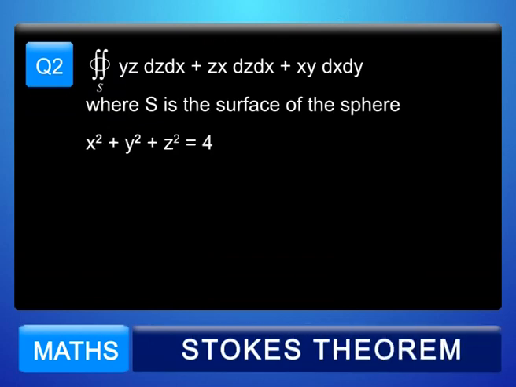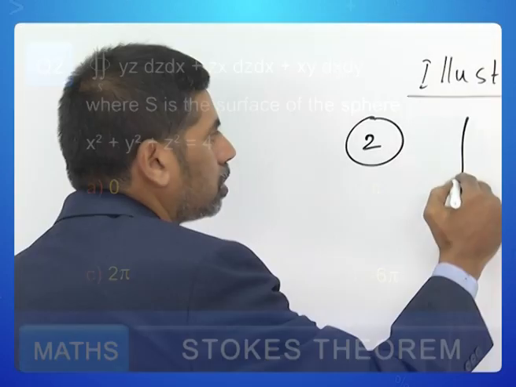Question number 2. What is the output of the closed surface integral yz dy dz plus zx dz dx plus xy dx dy, where S is the surface of the sphere x squared plus y squared plus z squared is equal to 4?